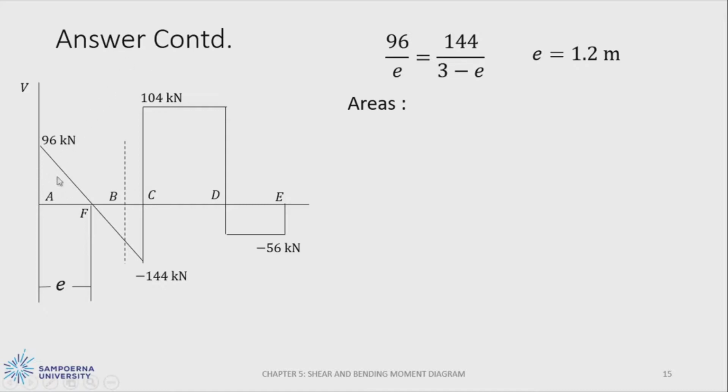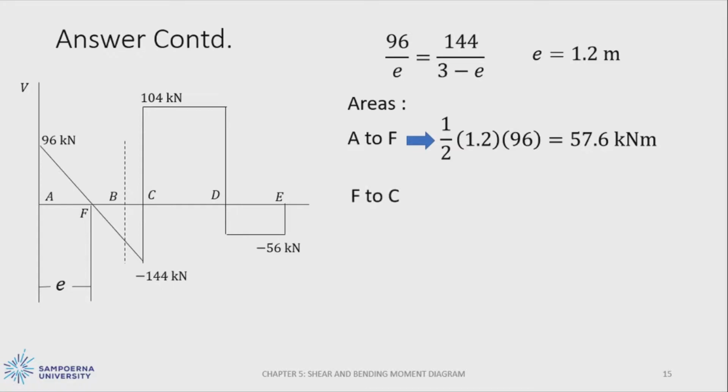We can find the area below the graph. From A to F, we can use a triangle formula to obtain the area below the graph. It will be equal to 57.6 kilonewton meter, and then from F to C will be equal to minus 129.6 kilonewton meter.